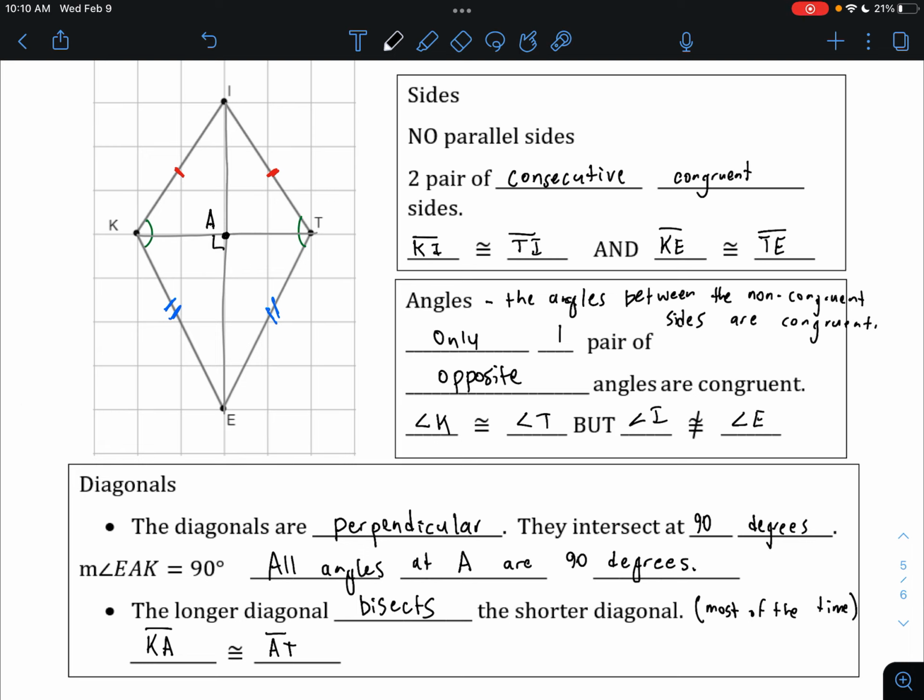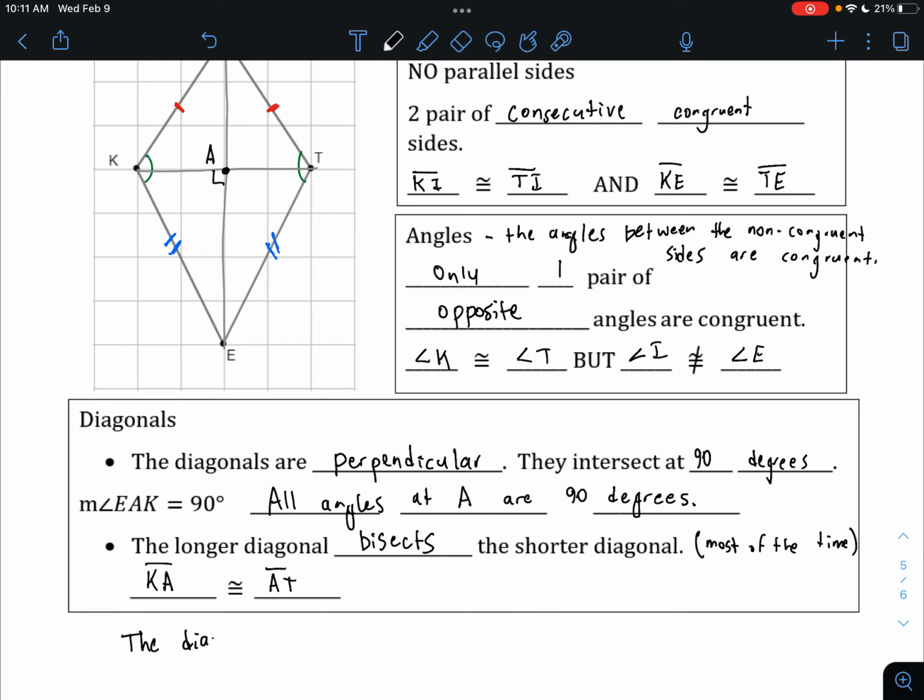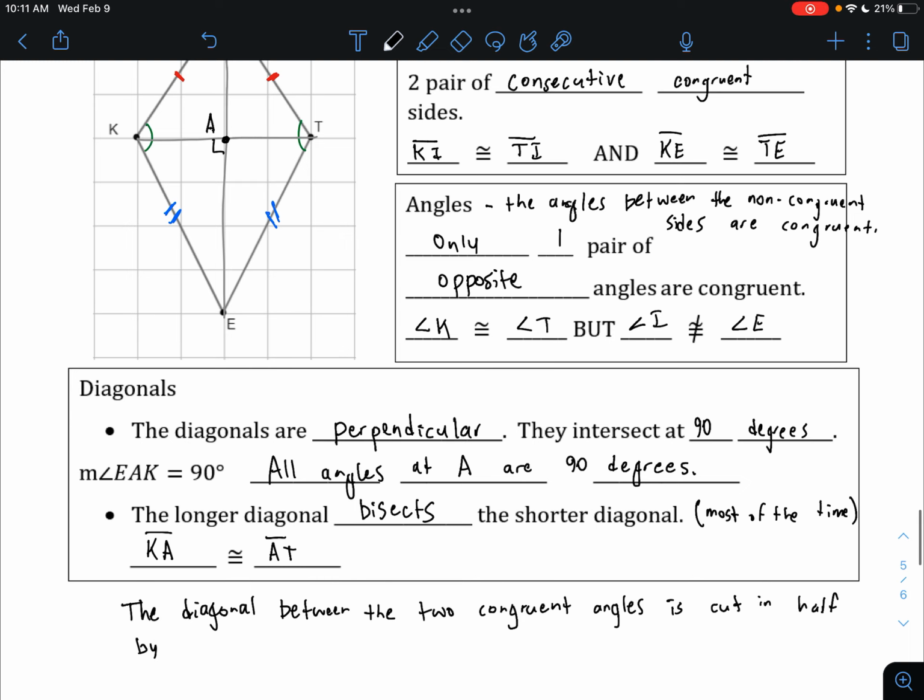So the diagonal between the two congruent angles, so in this case that's angles K and T, the diagonal between the two congruent angles is cut in half by the other diagonal.